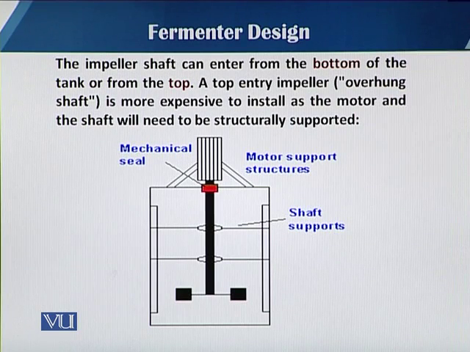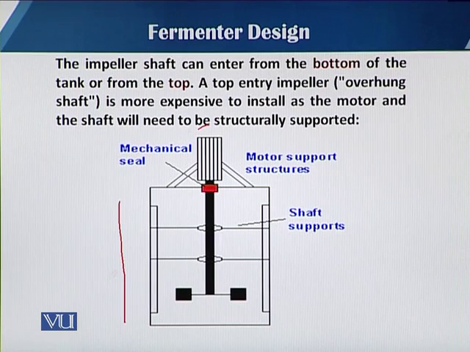There are some pros and cons in the case of a top motor and in the case of a bottom motor. Here you can see that the impeller shaft can enter from the bottom or from the top. In this diagram, the motor is on the top and the shaft enters from the top of the surface.